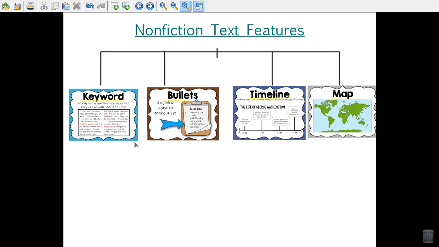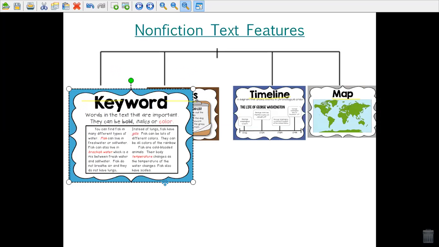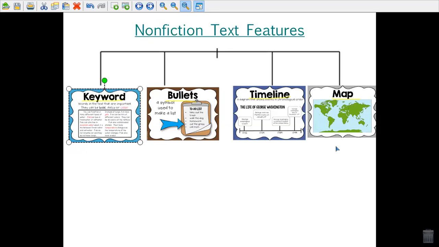And keyword is a big review. We do these every single week with RTA. It's words in the text that are important, and they can be bold, italics, or colors. So italics we know are slanted. Bold is when they're really dark. Color is when the color is changed. So it's words in the text that are important.